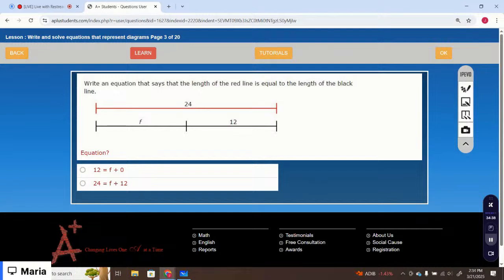Write an equation that says the length of the red line is equal to the length of the black line. So which is the correct option? Option number 2 is the correct option. That is x plus 12 equals 24.